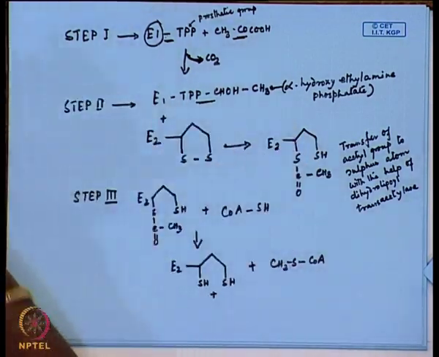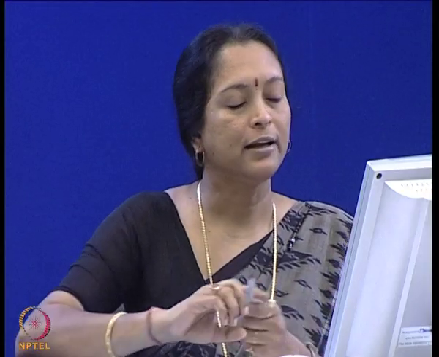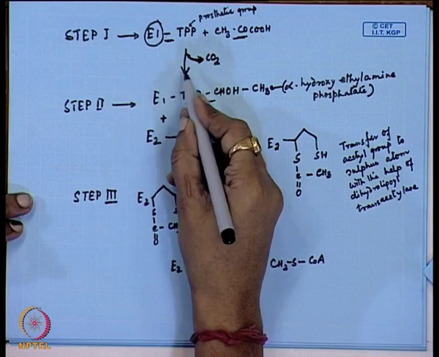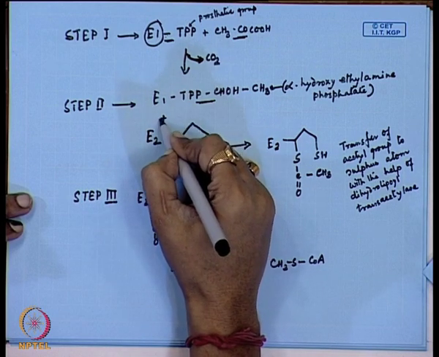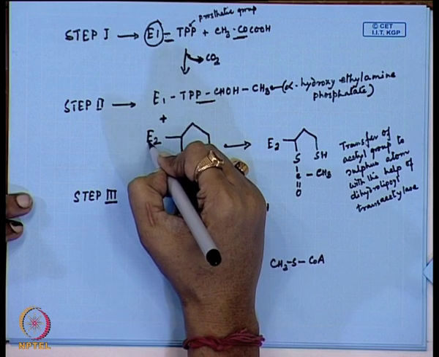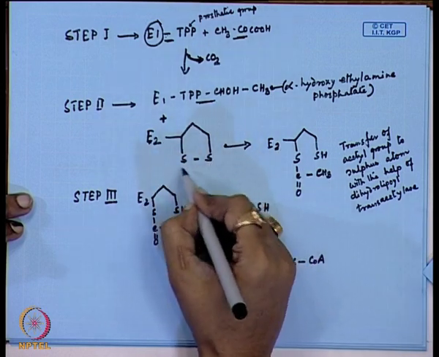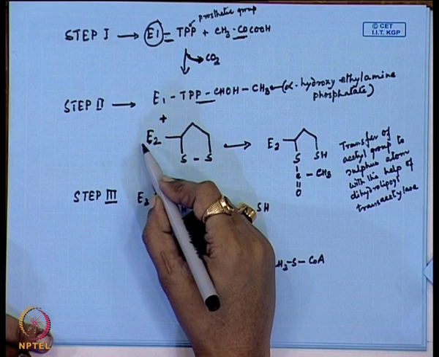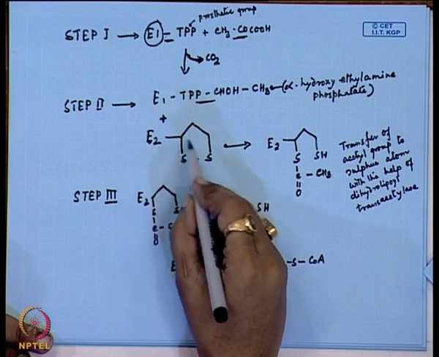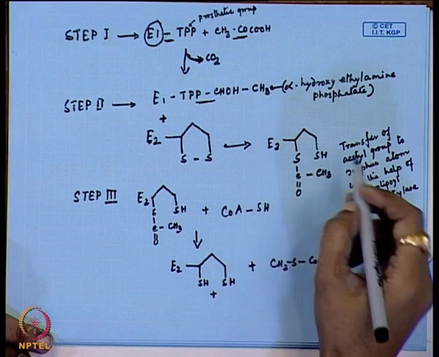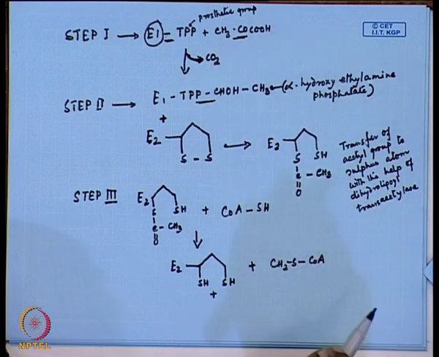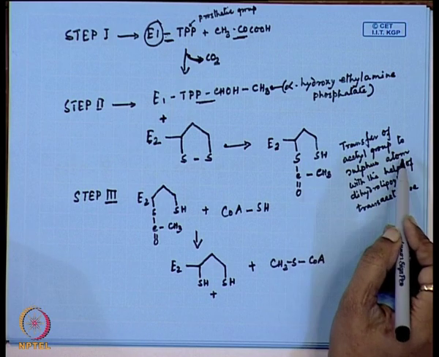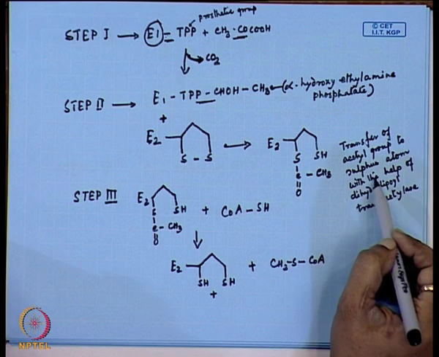Now, when this first reaction is over, coming to the second step, the end product of the first reaction comes in contact with the second enzyme E2 along with the lipoyl group. Here this enzyme, dihydrolipoyl transacetylase, transfers the acetyl group to the sulfur atom.